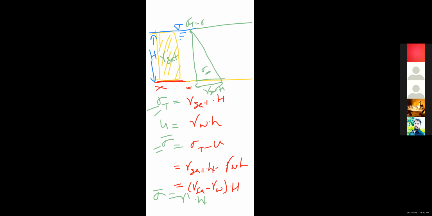Similarly, we can draw the pore water pressure diagram. At the top of the layer, pore water pressure is also 0.